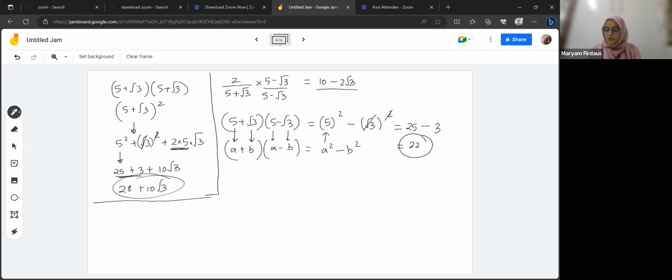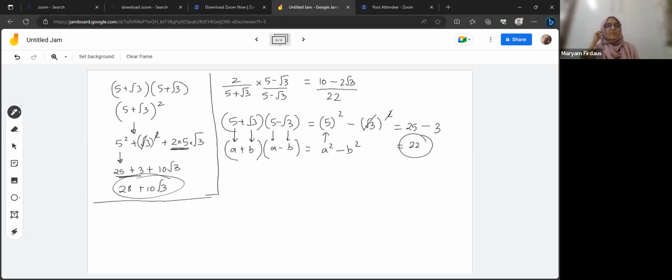Can you see how the root part of it vanished? Yes. So in the denominator, we are left with 22. Now you may ask, but in the numerator, we still have a root. Obviously, if you are transferring the root from the denominator, it will appear somewhere else. It will appear in the numerator.